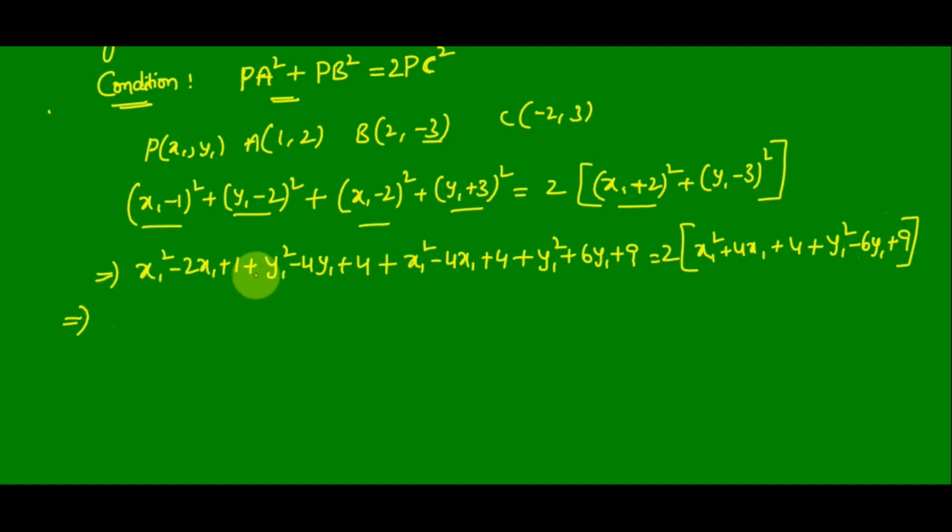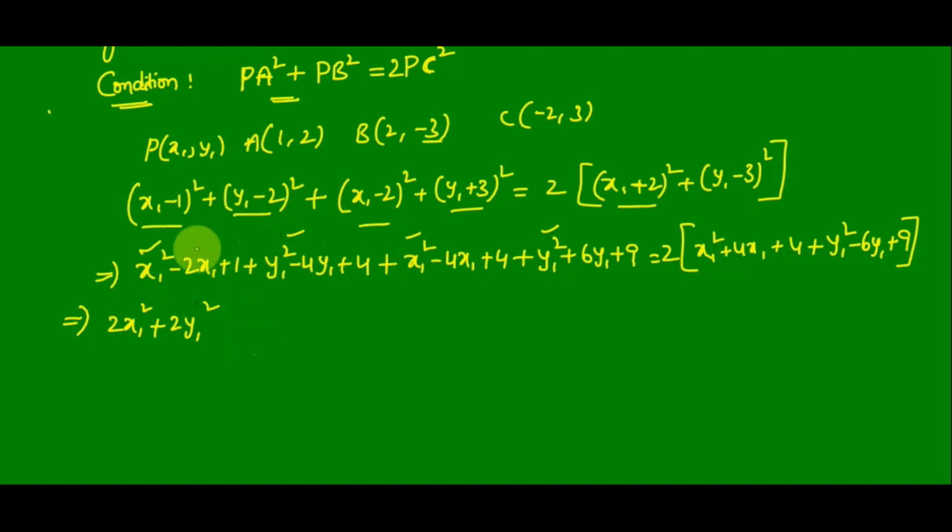First we'll add all the x1 square terms. Here we have plus x1 square and here also plus x1 square, that is 2 times x1 square. Now we'll solve y1 square. We'll write in order, x1, after that y1 square. Both have plus signs, so we'll get 2 times y1 square.